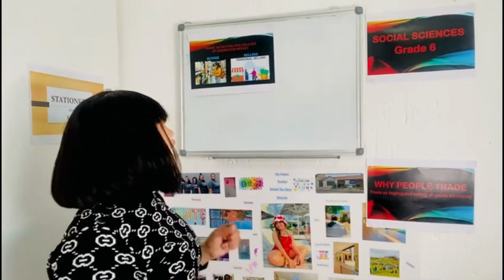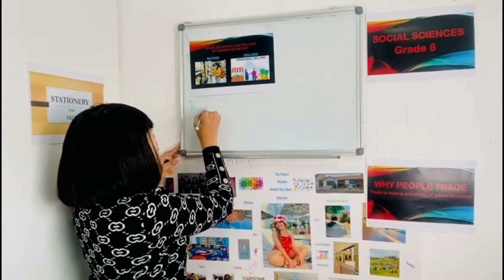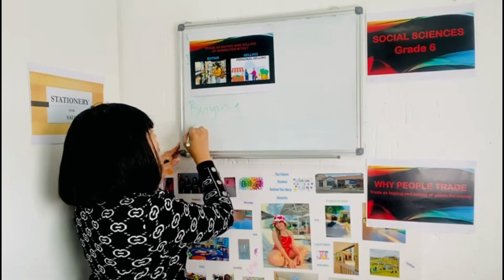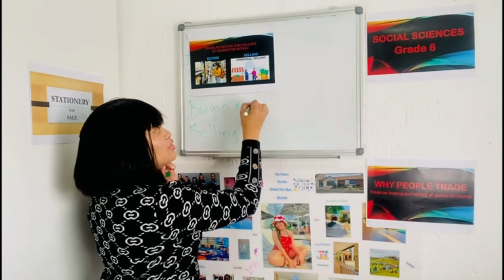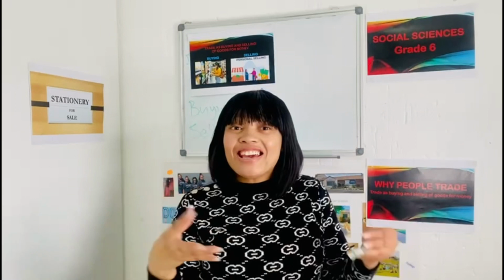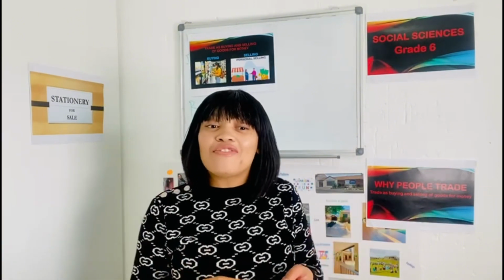So, can anyone tell me the difference between buying and selling? Anyone? Do you understand what buying is? So a buyer exchanges their money for goods and a seller exchanges their goods for money. Do you understand?